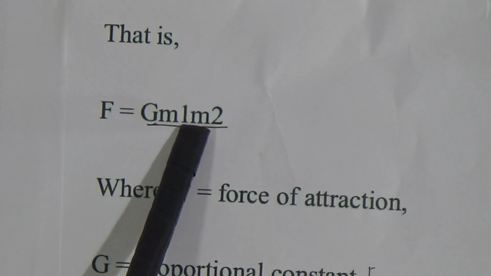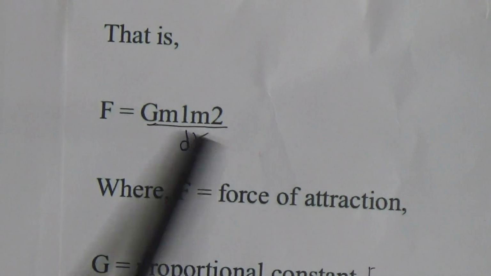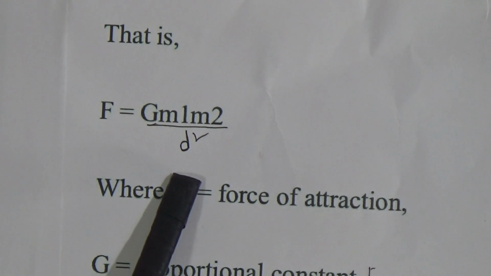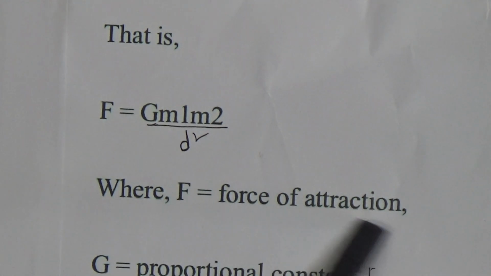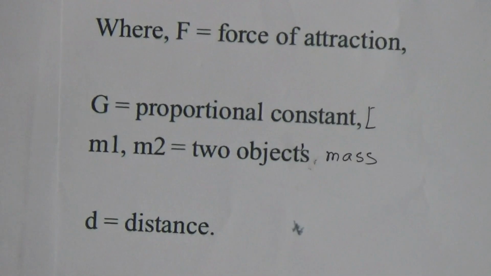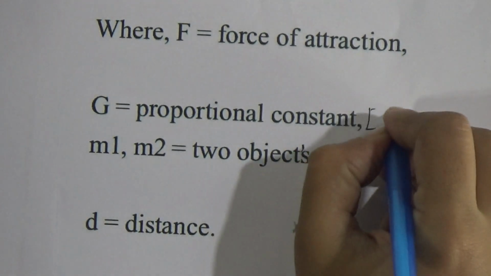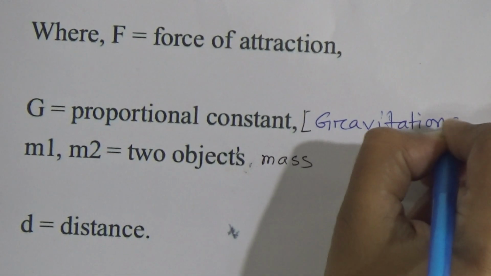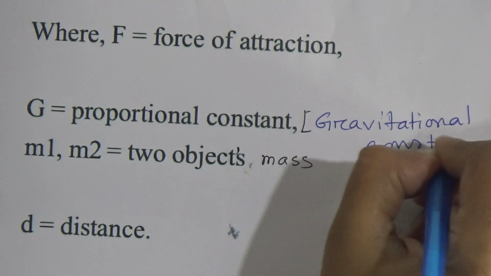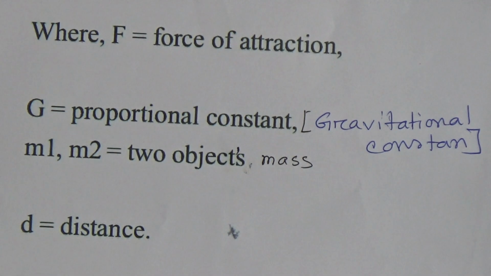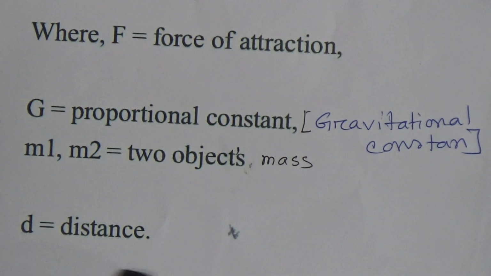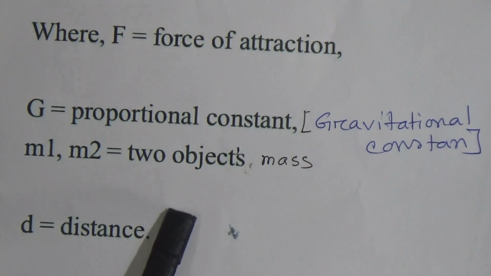That is, F is equal to G m1 multiplied by m2 divided by d square, where F is the force of attraction, G is the gravitational constant, m1 and m2 are the masses of the two objects, and d is the distance of the two objects from their centers.